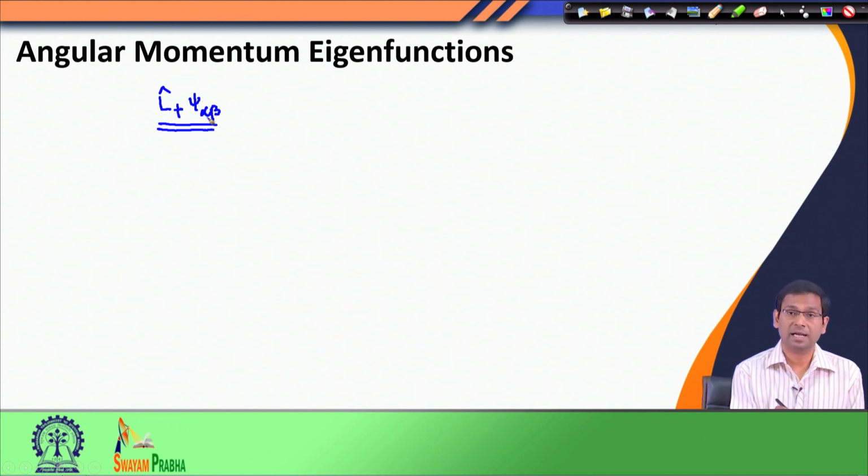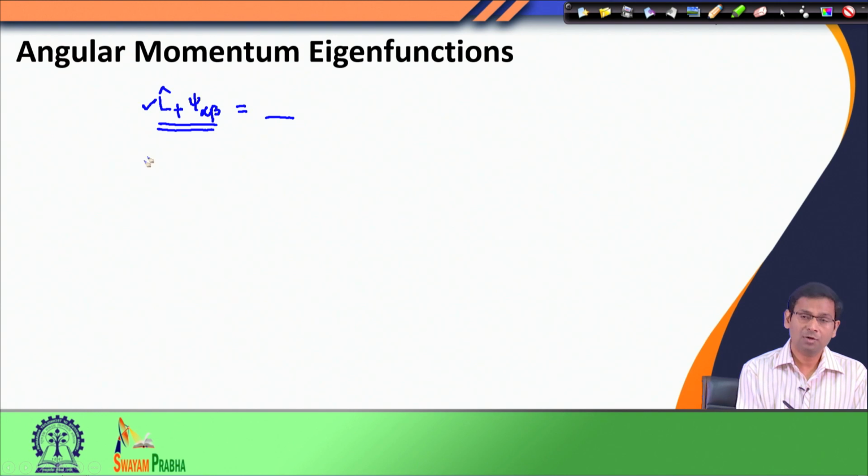Rather, since L plus and Lz do not commute, psi alpha beta is certainly not an eigenfunction of it. So when this operator acts on this function, I get another function. Then I would see what I get when I apply my Lz operator on this new function, L plus psi alpha beta.